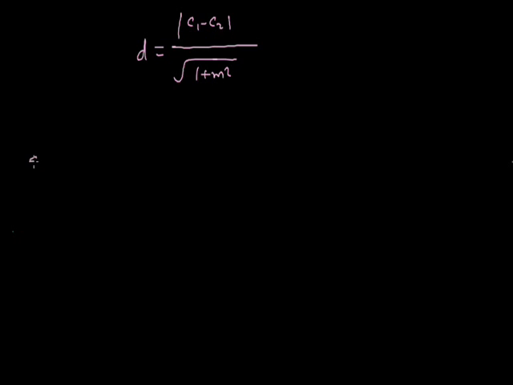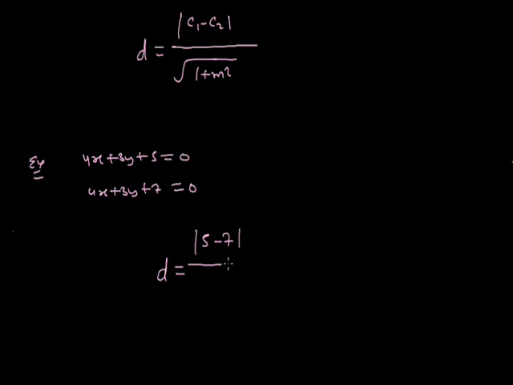Now for example, suppose we are given two lines like this: 4x plus 3y plus 5 equal to 0, and the other, which is parallel to this, 4x plus 3y plus 7 equal to 0. Now if you want to find the distance between these two parallel lines, which is d, then d is equal to c1, which is 5, minus c2, which is 7, upon under root 1 plus m square. Now how can we find the value of m from here?